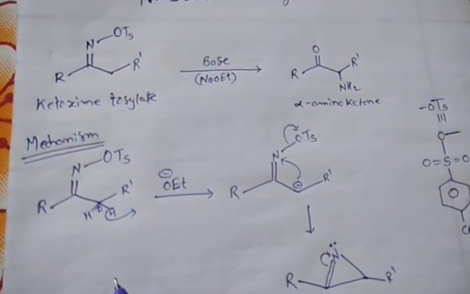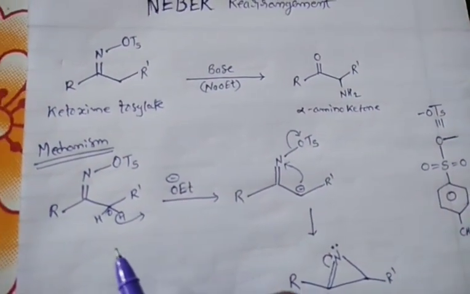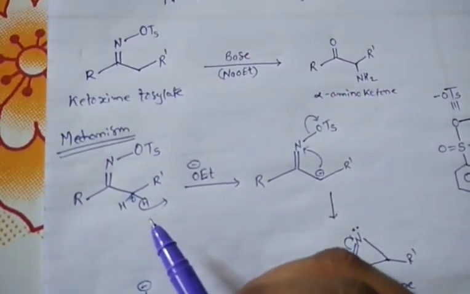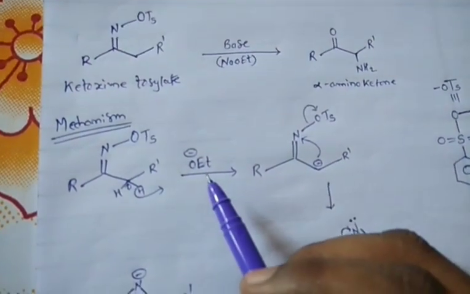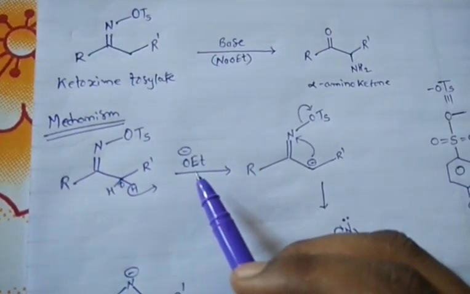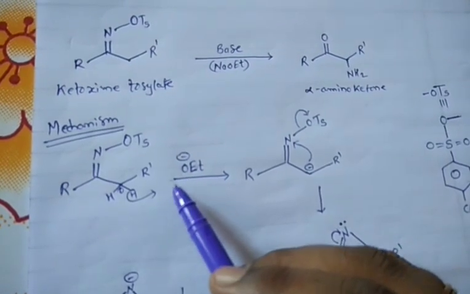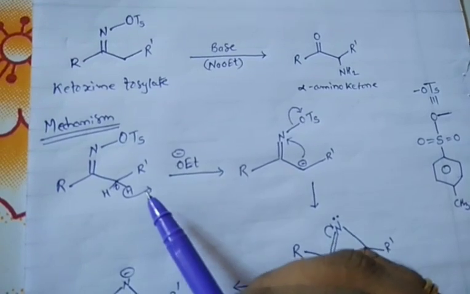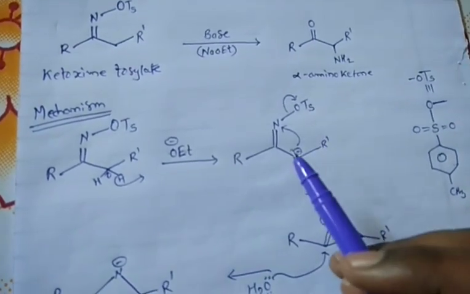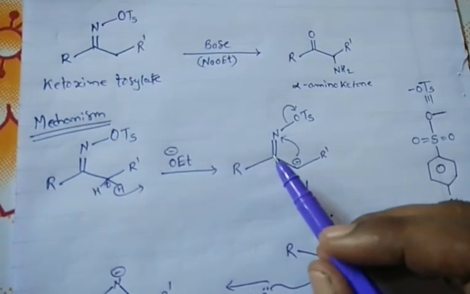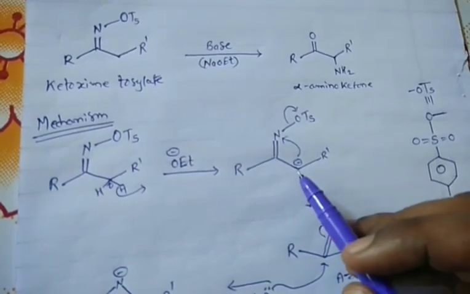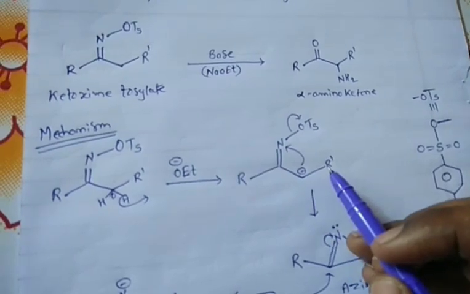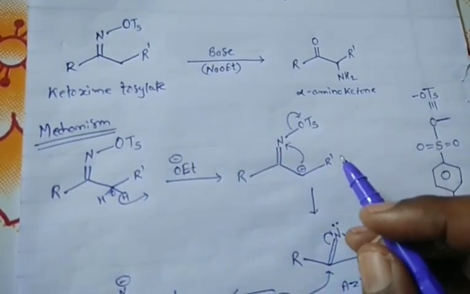In the mechanism, this ketoxime tosylate has the alpha proton. This alpha proton will be abstracted by the ethoxide ion, that is the base, which abstracts this acidic proton. After abstracting this proton, we will have such a type of intermediate: R C double bond N OTs, and this carbon will have the negative charge, and R prime.